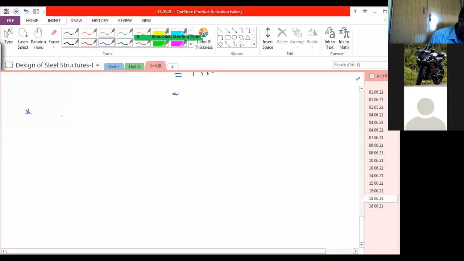Very good, 1980. Okay, so now the net area based on what? Rupture capacity. How to calculate? Please calculate and tell me.